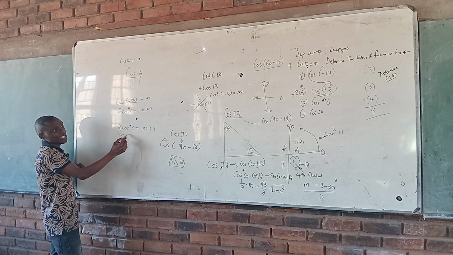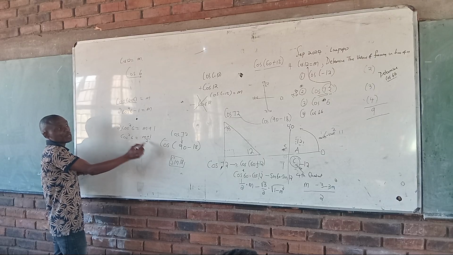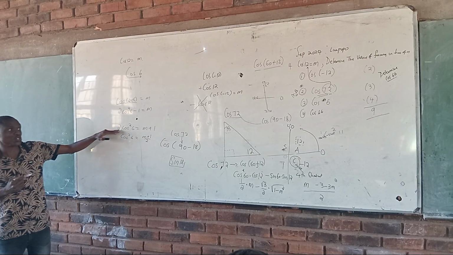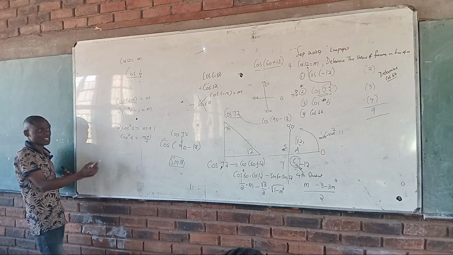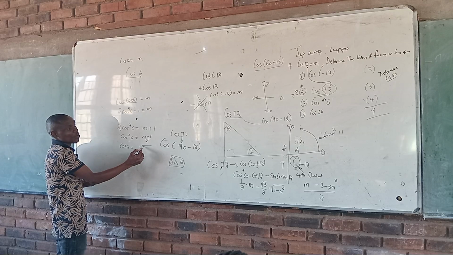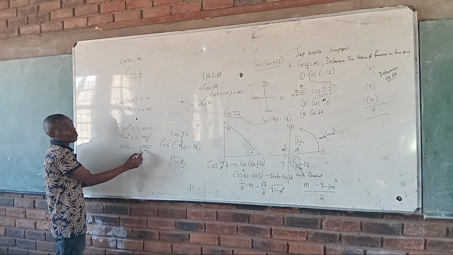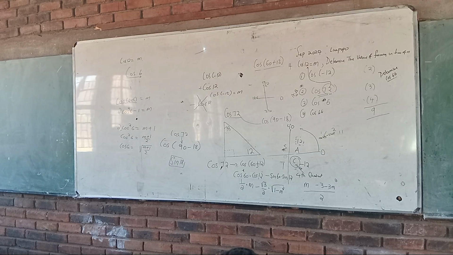Cos squared 6 is m plus 1 divided by what? By 2. You divide both sides by 2. You want to make cos 6 the subject of the formula. So your answer is the square root of m plus 1 over 2.